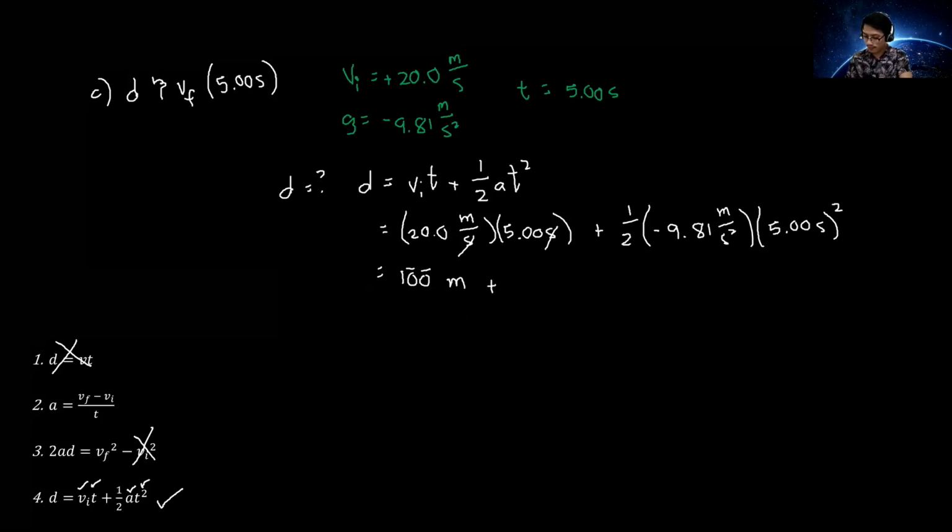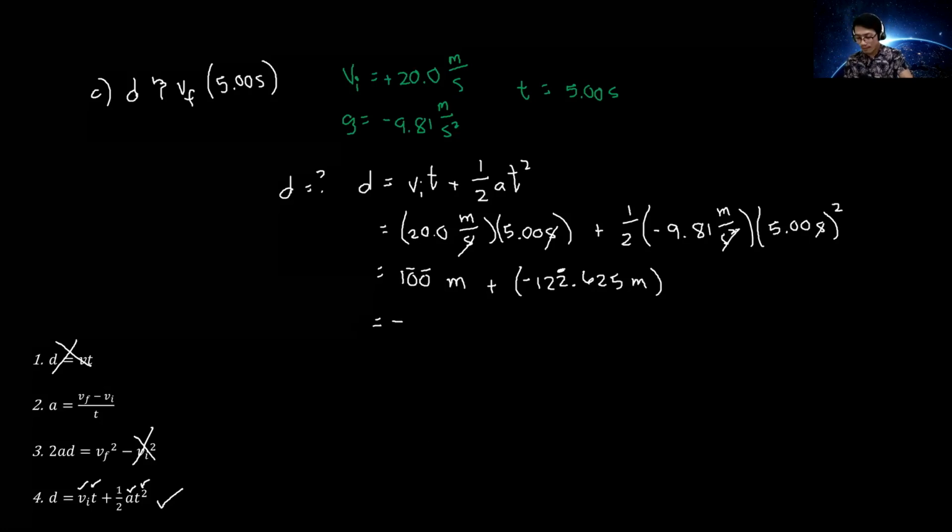Plus. What is 1/2 times 5.00 squared times negative 9.81 divided by 2? And that is negative 122.625 meters. Cancel ang second and squared. How many significant figures? Tatlo. So hanggang dito sa 2. Take note of that, ha? So solve. 100 minus 122.